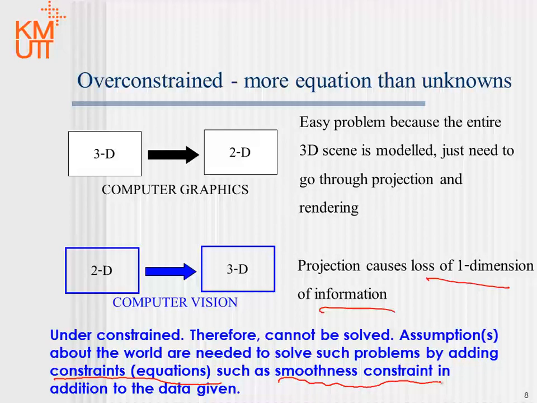Smoothness constraint is often used in computer vision, very often. The smoothness constraint is something we add in order to have more equations. So the smoothness constraint is often the assumption that neighboring pixels are of the same color, and this is true for most images. Images, when you poke somewhere, nearby pixels generally have a similar color.